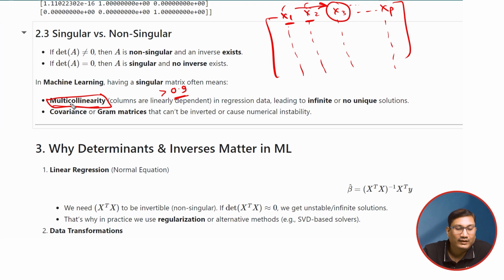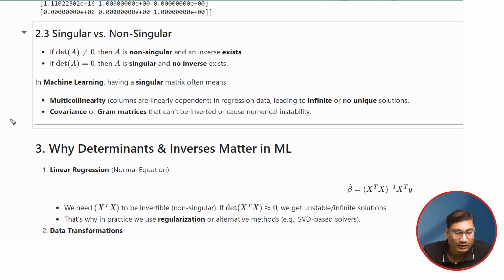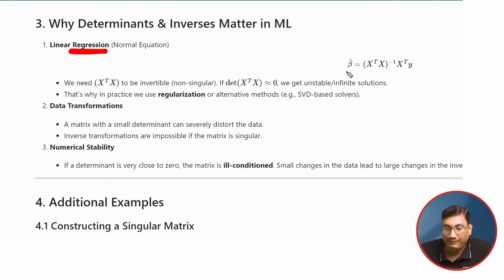So in that case, the determinant of such a matrix will be close to 0, and such a case cannot be solved for linear regression. Now the question is why? If you look into the formula that we discussed in the last video, the normal equation that you use to solve the linear regression problem, your linear regression fit is represented by y hat equals X beta.